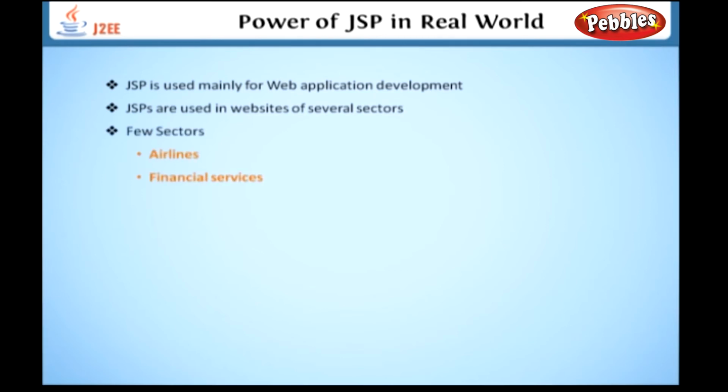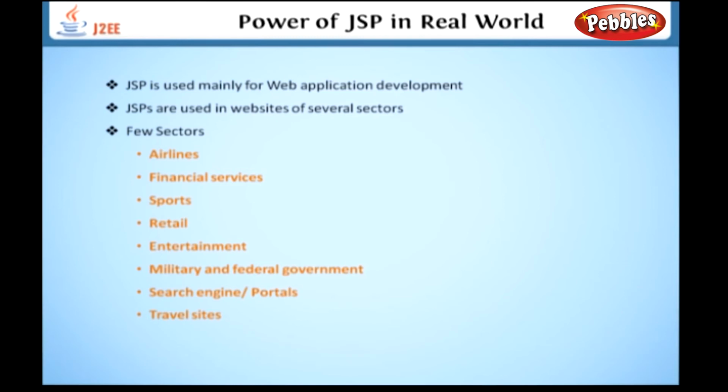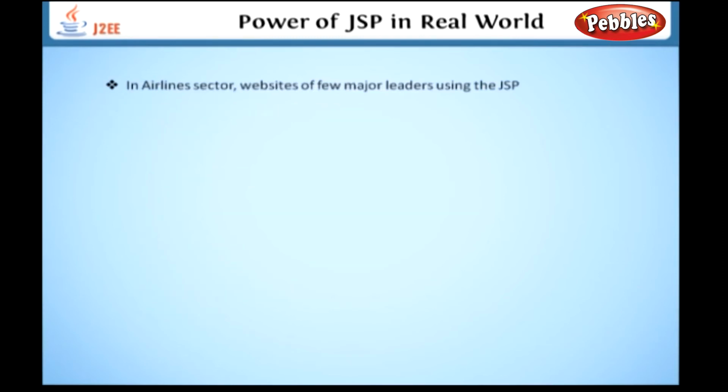Airlines, financial services, sports, retail, entertainment, military and federal government, search engine and portals, and travel sites, etc. If you take the airline sector, the websites of some of the major leaders are using the JSP for their web page design.